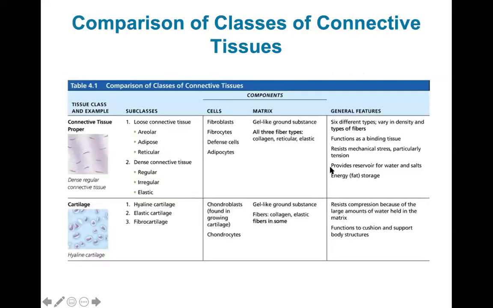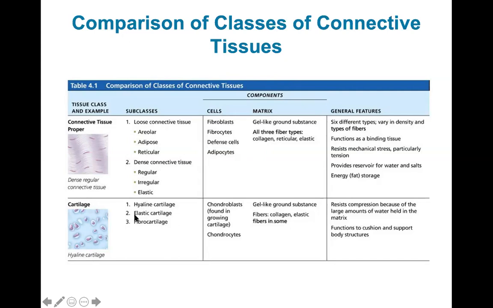Looking at the different types of connective tissues here, this is a nice table from your textbook that looks at the comparison between the connective tissue proper, where we have loose connective tissue and dense connective tissue. It also summarizes the cells that are present in that type of tissue, what the matrix looks like. We'll talk about cells and matrix in a second, and the general features of that type of connective tissue.